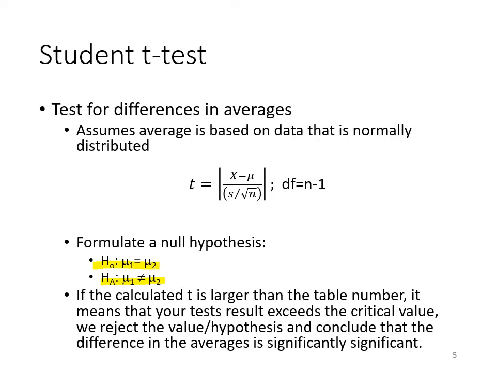Because of the way that we formulated these hypotheses, when we do the test, you'll see that we'll use the two-tailed t-test. Now, if the calculated t is larger than the number that we obtain from the table, or the critical value, then we will reject the null hypothesis and conclude that the differences in the averages are significantly different.